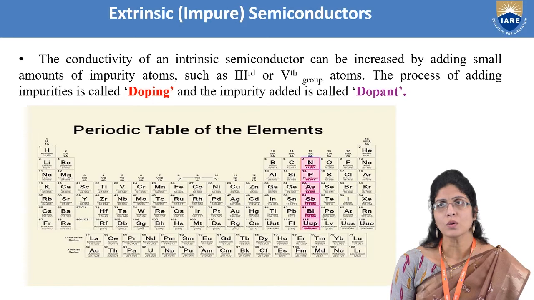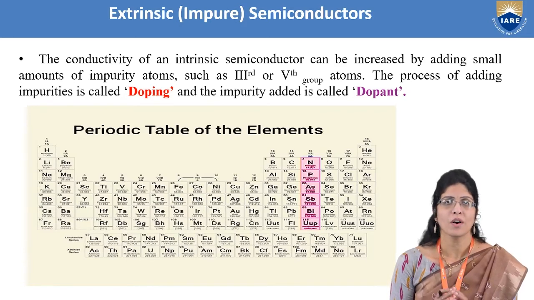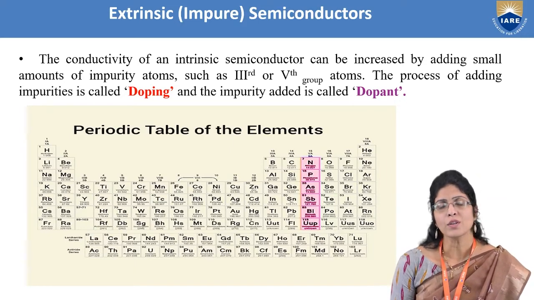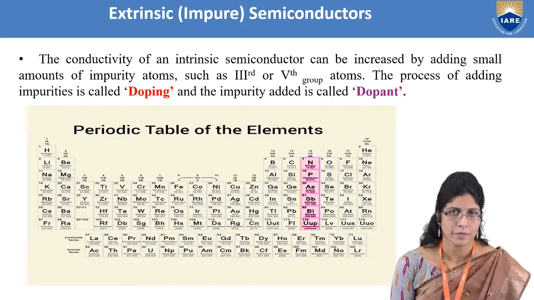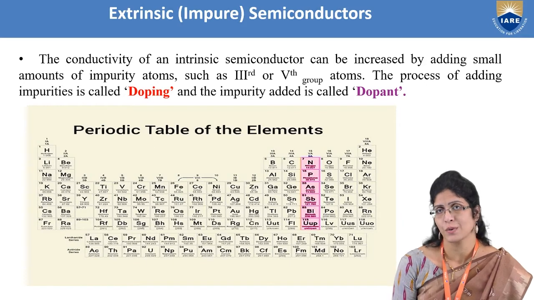So in order to raise the conductivity, we have to modify the intrinsic semiconductor. How can you modify it? You have to add some other compound or some other elements to it.